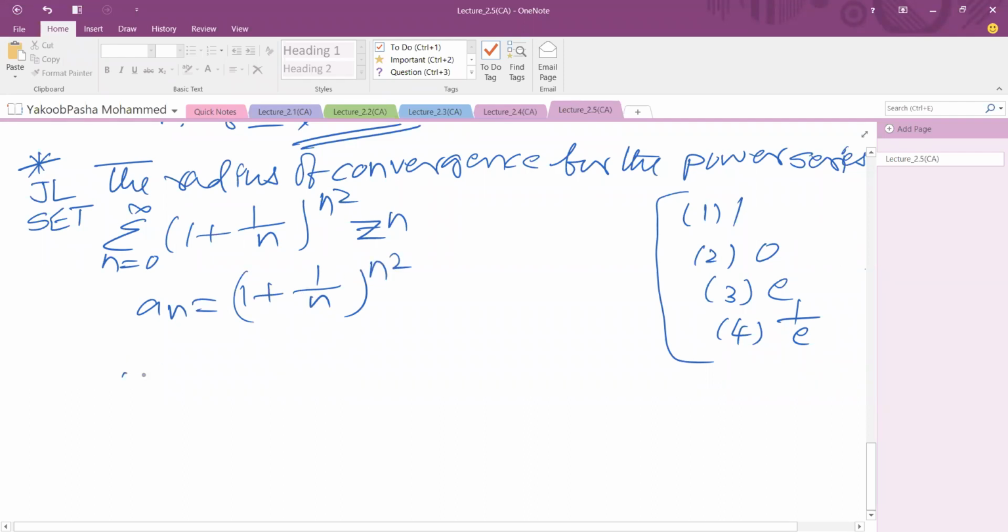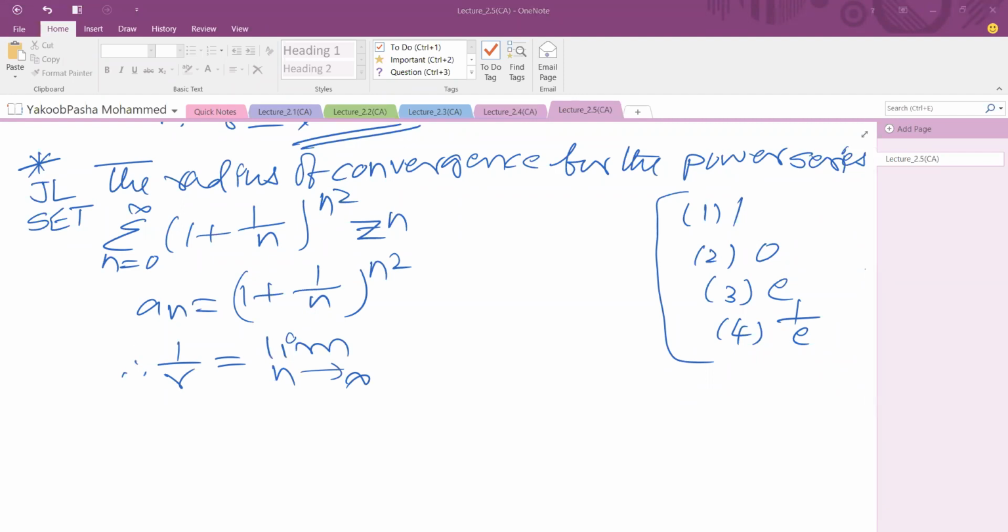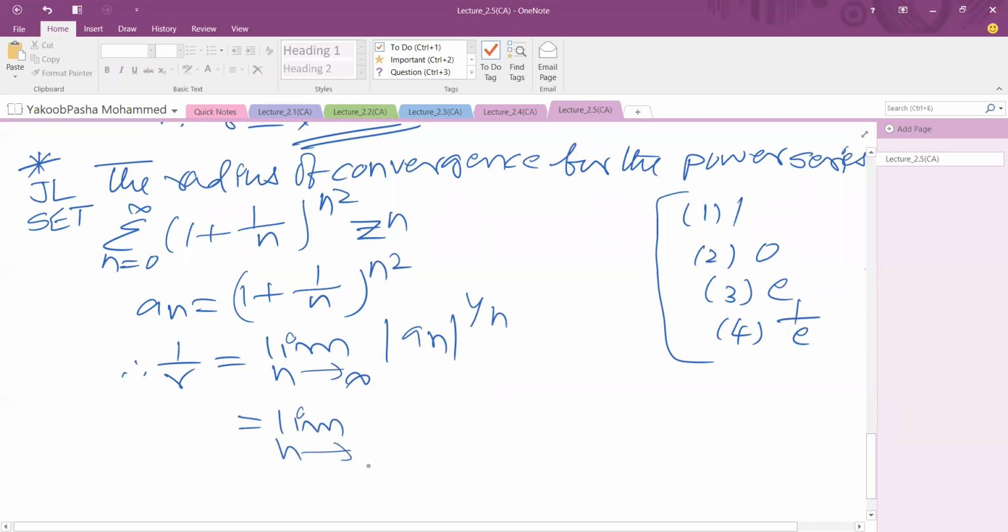Now for the radius of convergence, 1 by r is equal to limit, I am taking the root test here. Modulus of an whole to the power of 1 by n, that is equal to limit n tends to infinity 1 plus 1 by n whole to the n square, whole to the power of 1 by n.